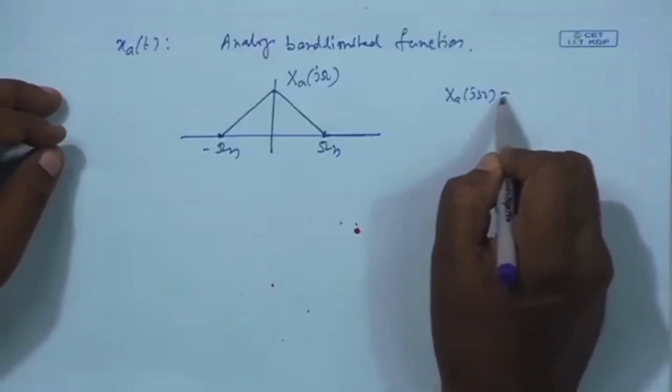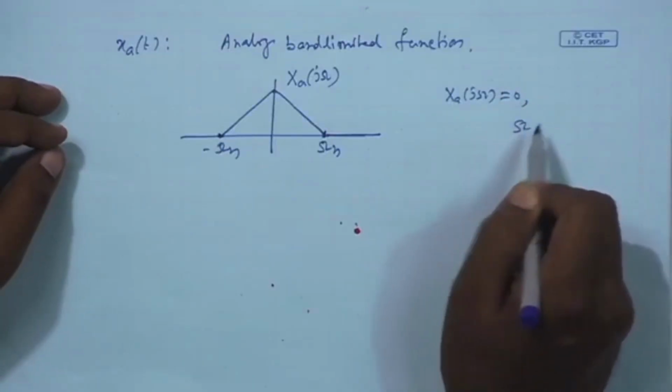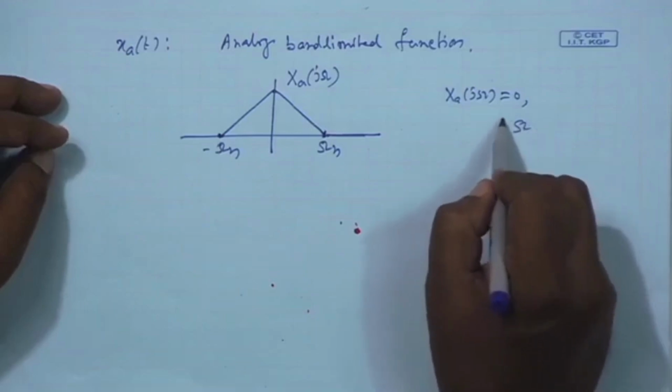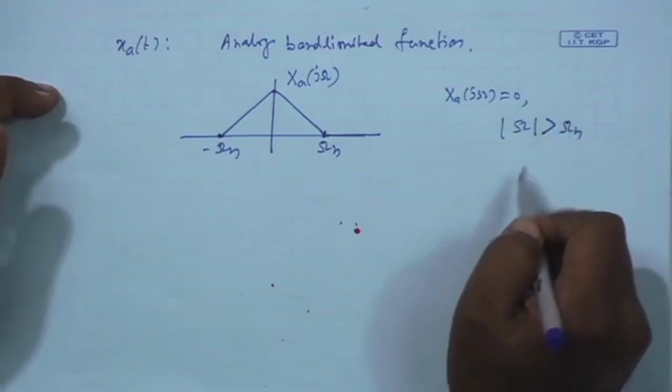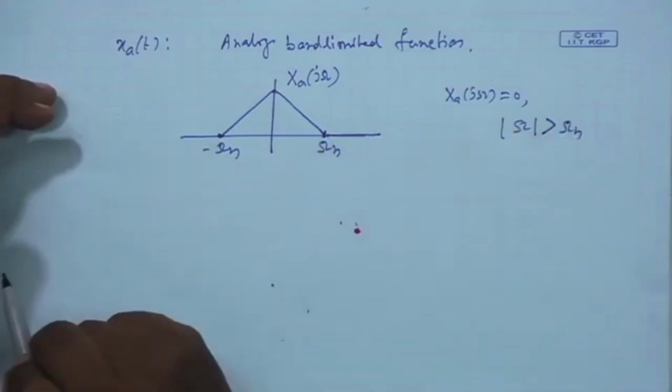So, this is given to be 0 for mod omega greater than omega h, that is omega greater than omega h or less than minus omega h.